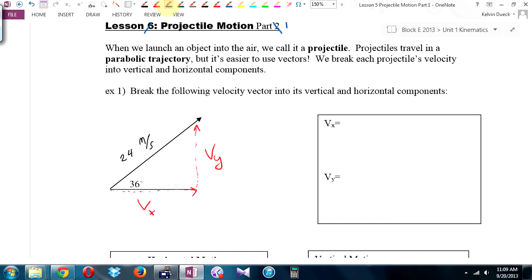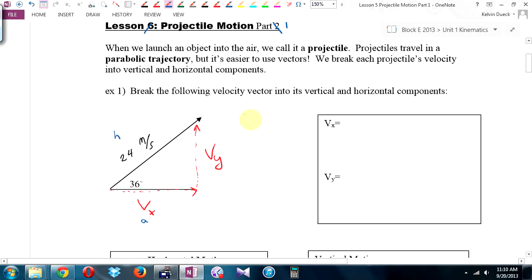Let's get tricky with it. Neve, that 24, opposite, adjacent, or hypotenuse? I agree. Vx, opposite or adjacent? Adjacent. Which trig function can I use to find Vx, my child? Did you say cosine? You would be right.